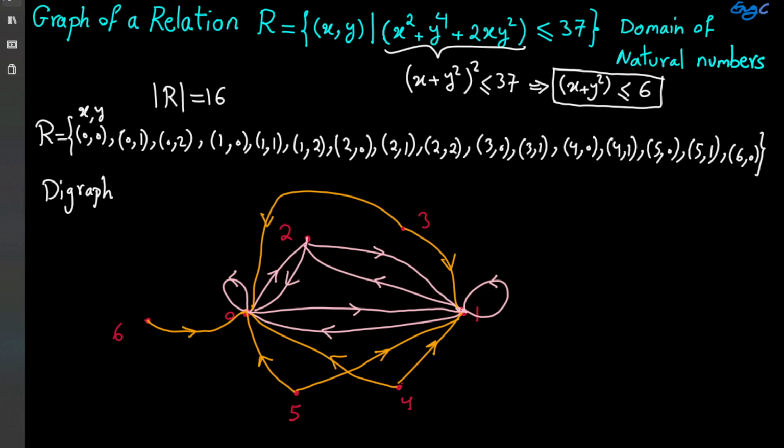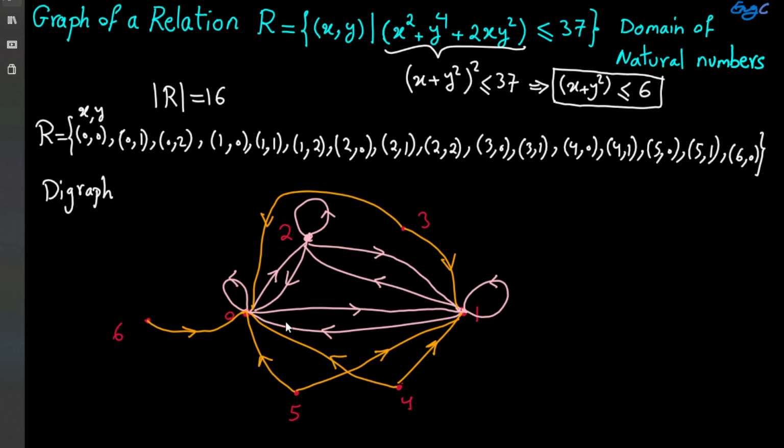Yes, I am missing one, which is 2, 2. The self loop on 2 is missing here. Okay, so here is the self loop on 2. It's always a good idea to double check that you're not missing an edge or a vertex. Of course, all the vertices should be there, so you need to make sure that they are properly indicated. Okay, so this is our digraph.